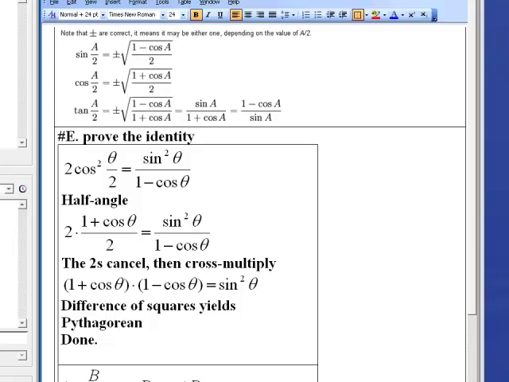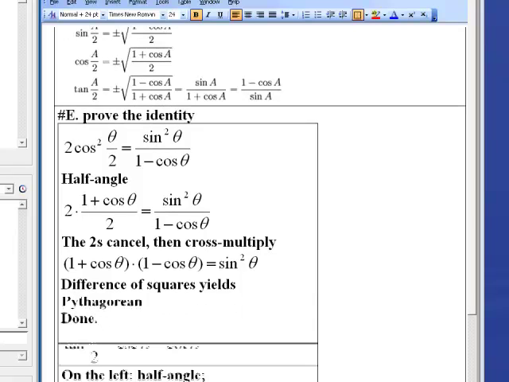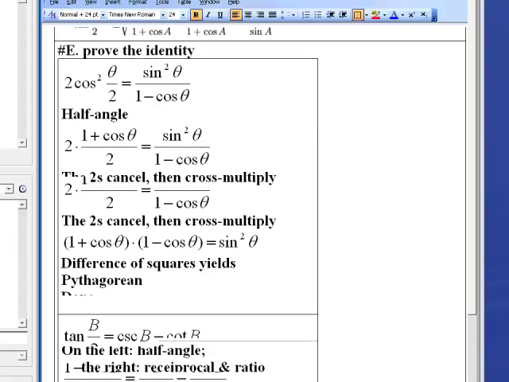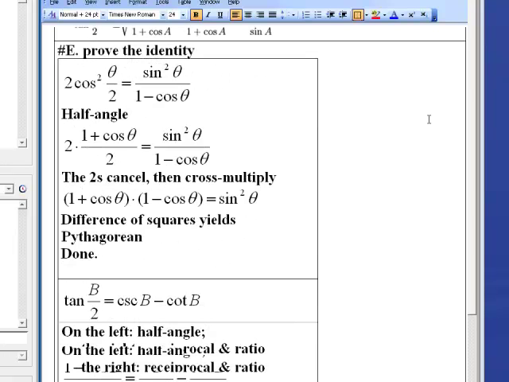On the right, we use the reciprocal and ratio identities. And with that, I conclude the problem section for the half angle formulas.